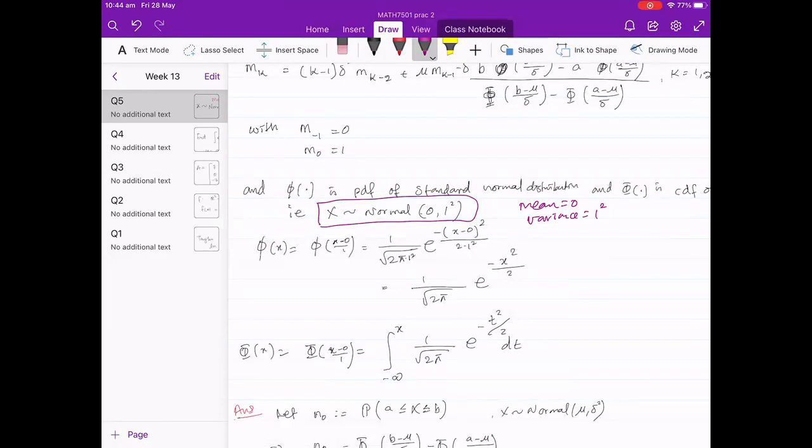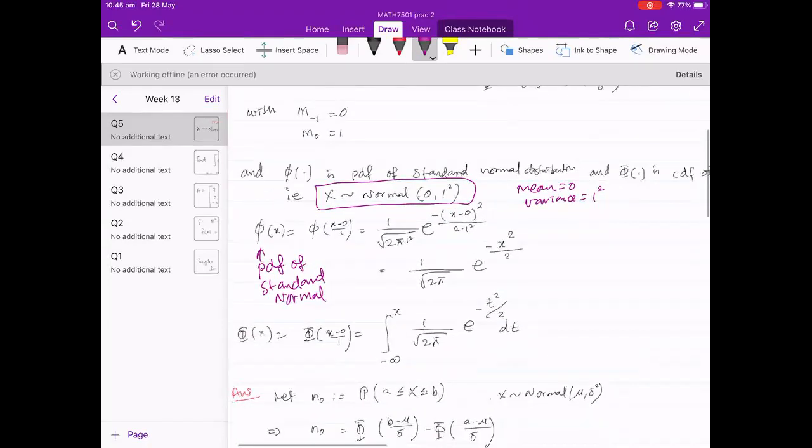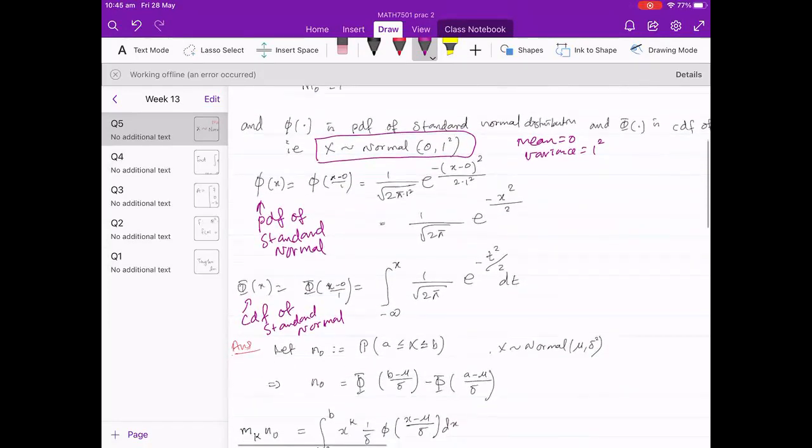The PDF is in general given by this PDF of standard normal. Okay, and that's the CDF, cumulative distribution function of standard normal. Okay, we have to use those two.